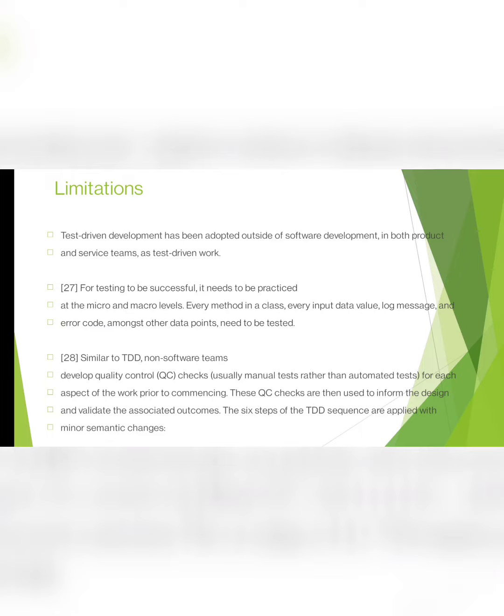Development quality control checks use the usual manual tests rather than automated tests for each aspect. The work prior to commissioning, the QC checks, is used to inform the design, to validate it, and the associated outcomes. The six-step TDD sequence is applied with minor semantic changes.